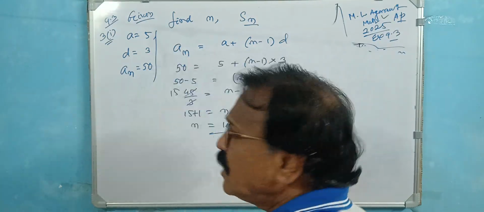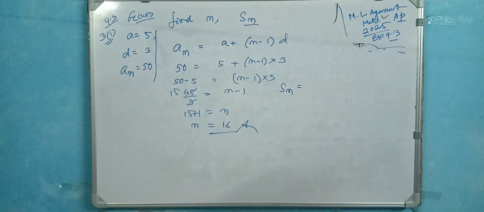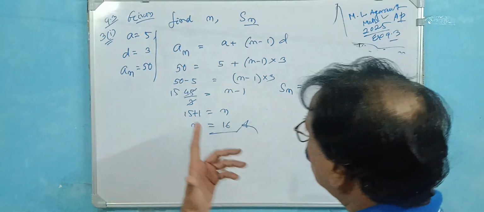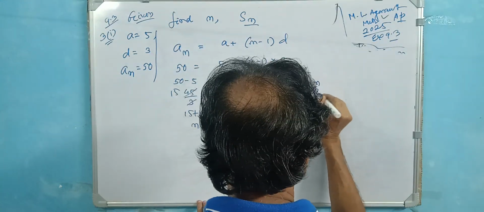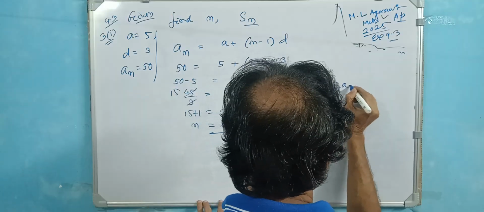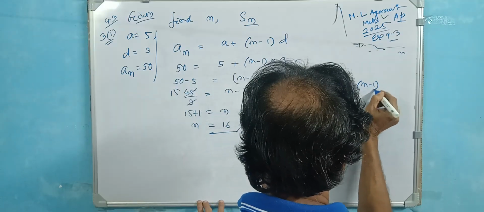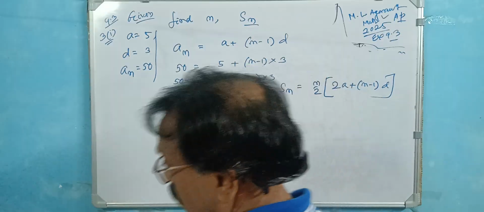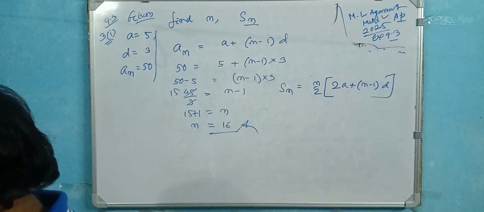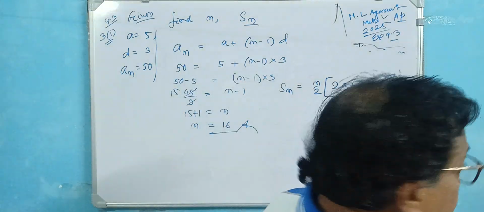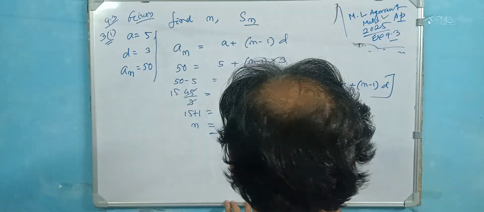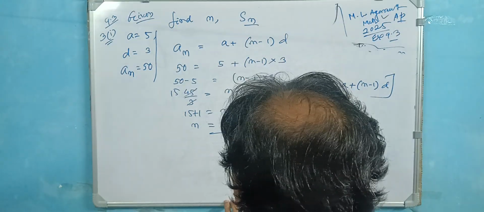Sn is equal to, you can put it in two ways also. One is Sn is equal to n by 2 bracket twice a plus n minus 1 into d. Clear? So here n is equal to 16.